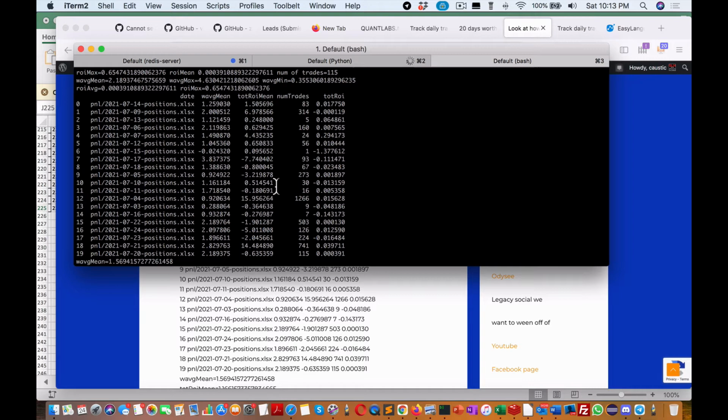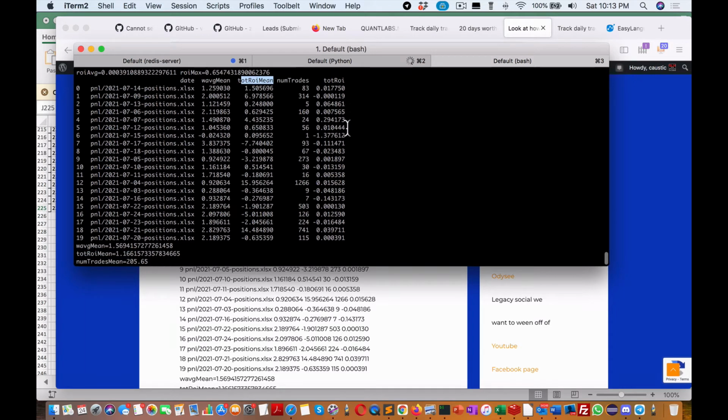But you're able to see, and maybe able to predict or find, a pattern of the weighted total average mean. And you can use that to sort of set your overall trading performance.